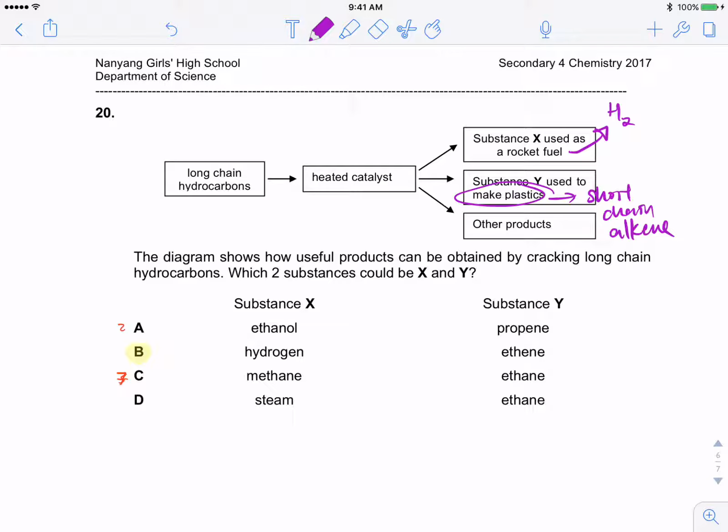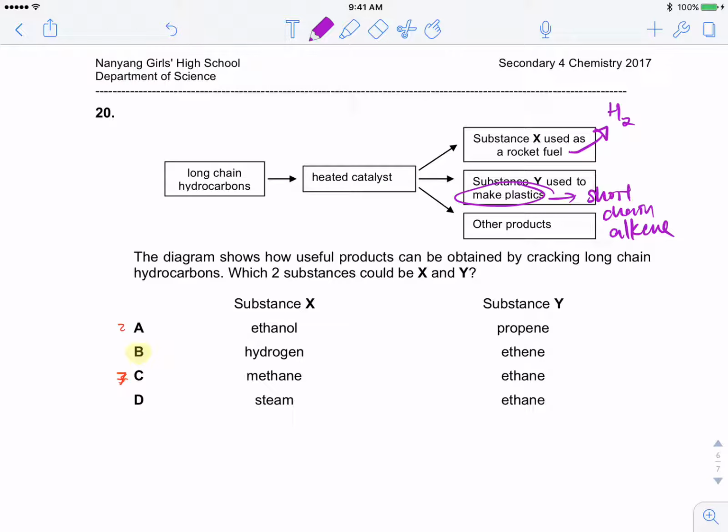So remember that there are three things that are produced when something undergoes cracking. I can get short chain alkane, short chain alkene, as well as hydrogen gas. All these are possible products. So that's why the answer is B. Substance Y should be an alkene, so that makes it C and D. And then B is because hydrogen is produced.